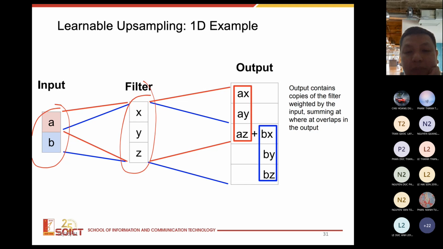We put it here, and when the filter moves to the next location, we multiply the value b with every element in the filter: bx, by, bz. We have an overlap here, so we sum the overlapping output to get az plus bx.